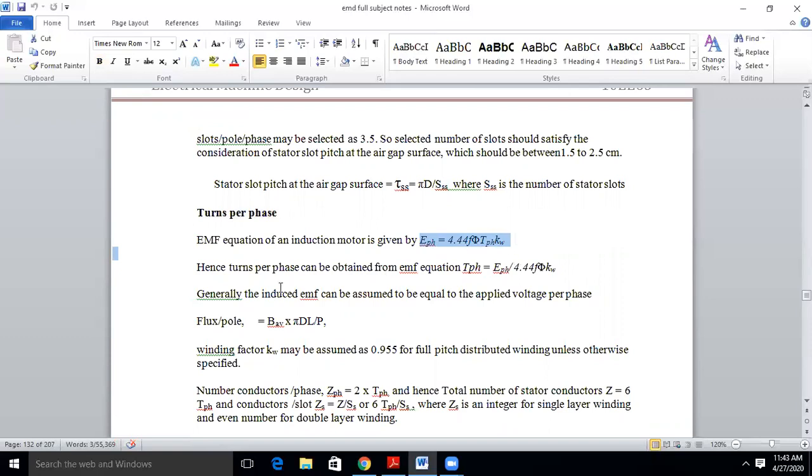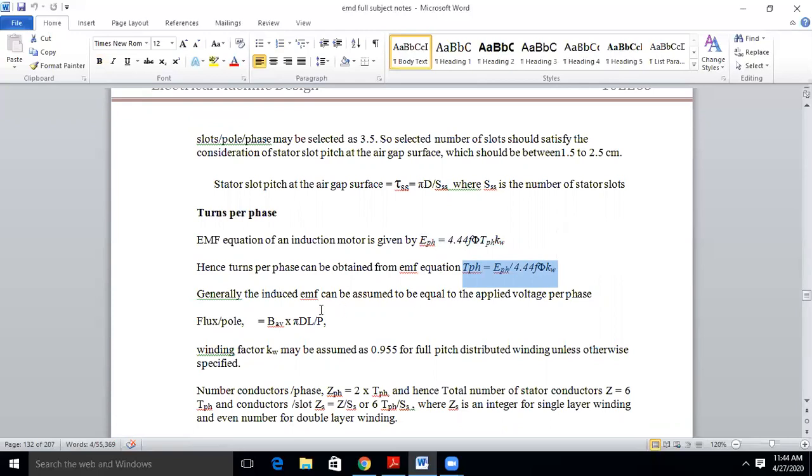Hence the turns per phase can be obtained from the EMF equation as T phase equal to E phase divided by 4.44 f phi Kw.